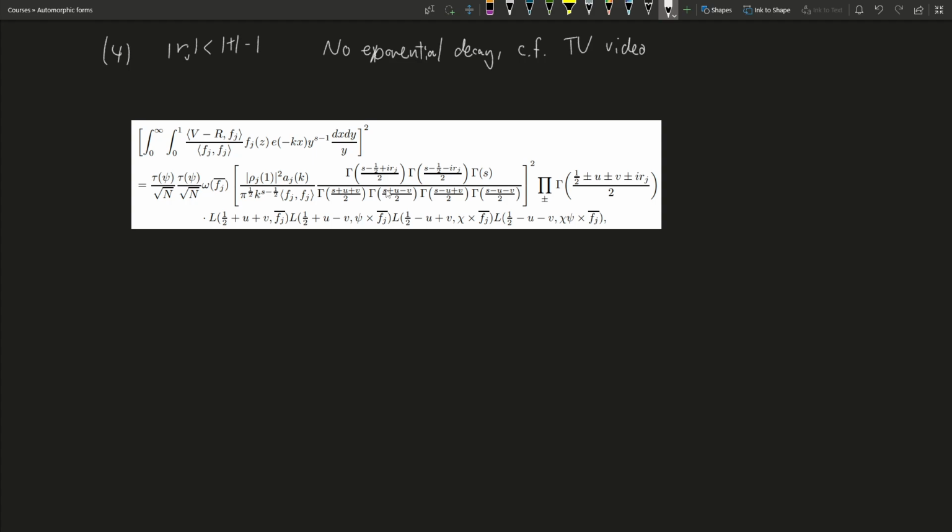Okay, and now let's start by using Stirling's formula. That's going to be the easy part. So the easy part is to handle the gamma functions with Stirling's formula.